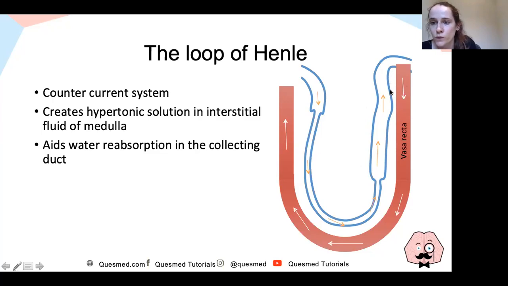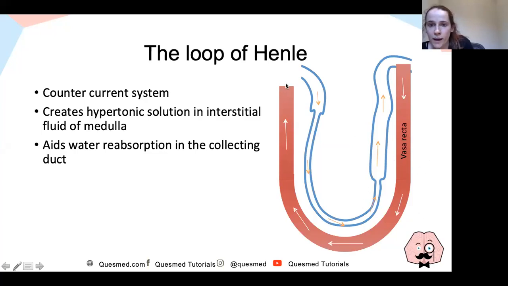The concentration within the blood here and within the filtrate here are very low, and we have ions moving out from here into here. As we get further and further down, the concentrations keep getting higher and higher.